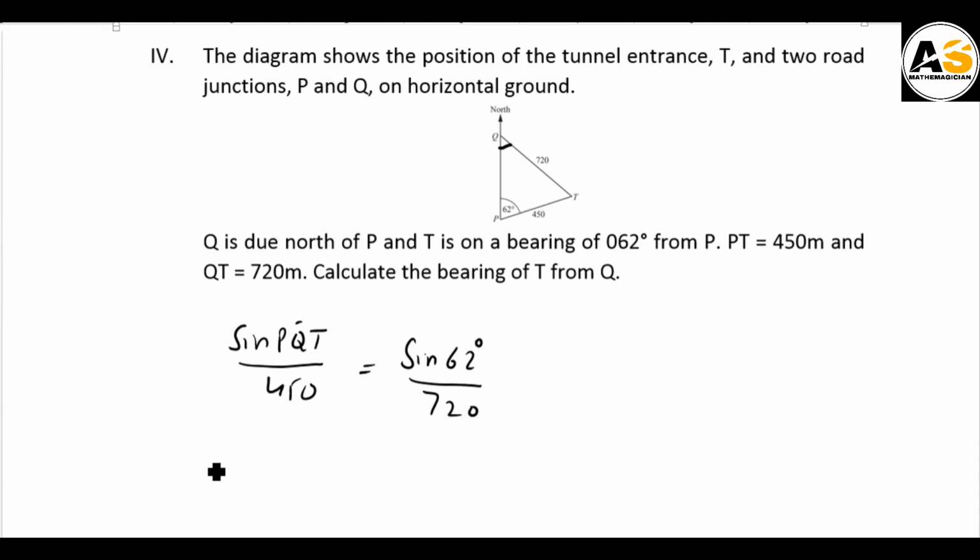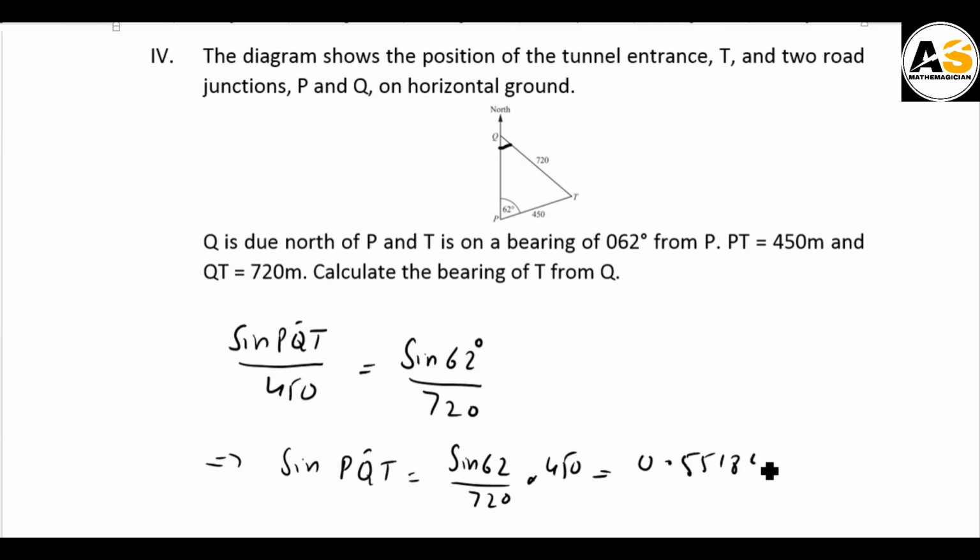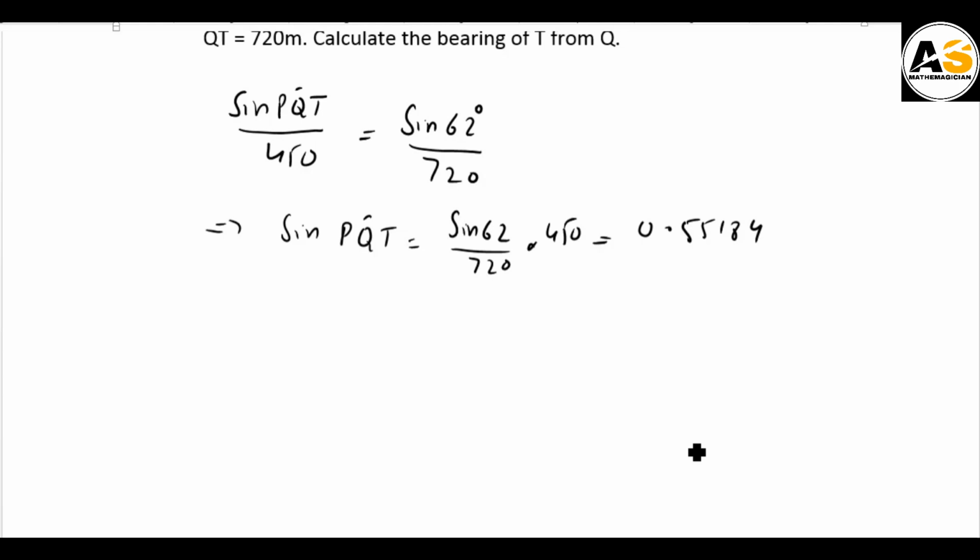From here I will find sine PQT is equal to sine 62 over 720 multiplied by 450. When you use your calculator to simplify it, you will get 0.55184. You will use your calculator to find angle PQT, which is basically 33.5 degree.